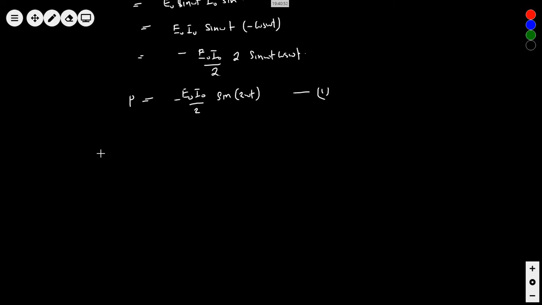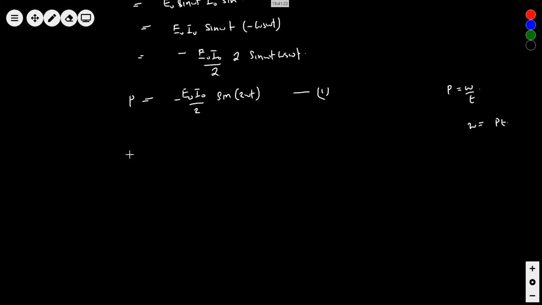How do you write average power? You know power is nothing but work done by time taken. So average power will be W by T. The average power will be defined as work, that is power into time. So if I integrate this, this is the work done, the energy spent by the battery, by the alternating source, right?